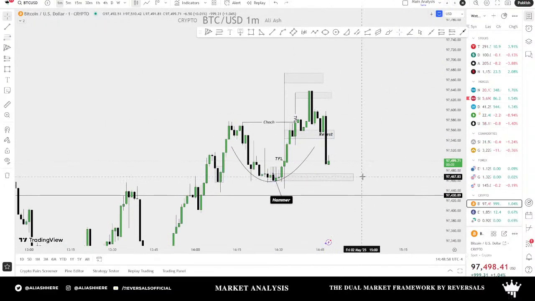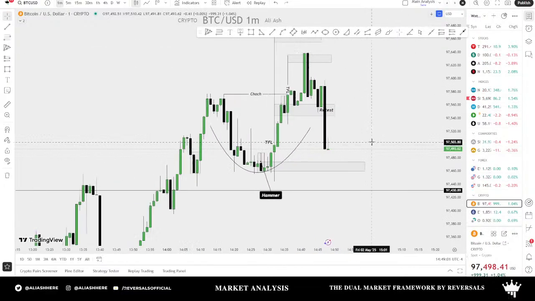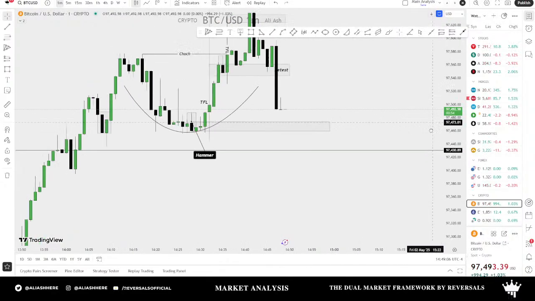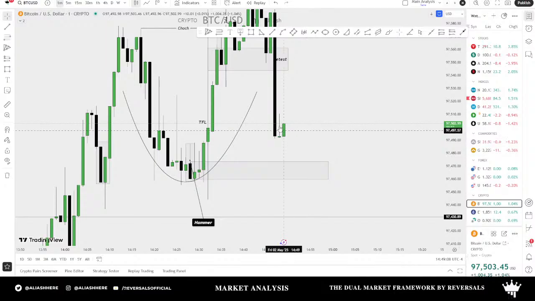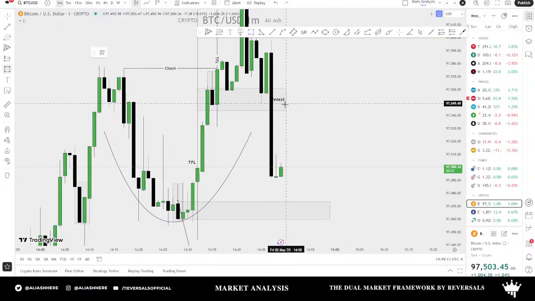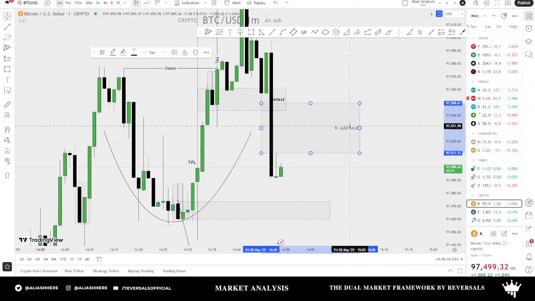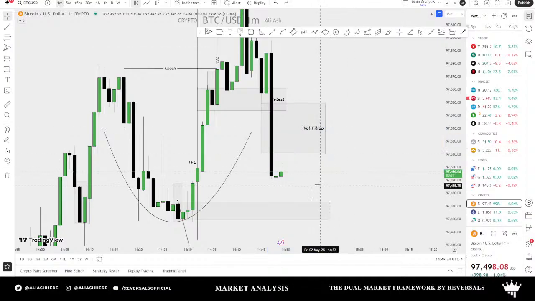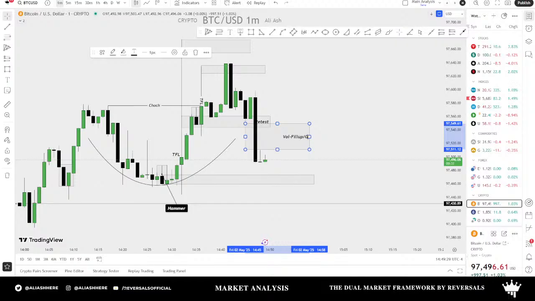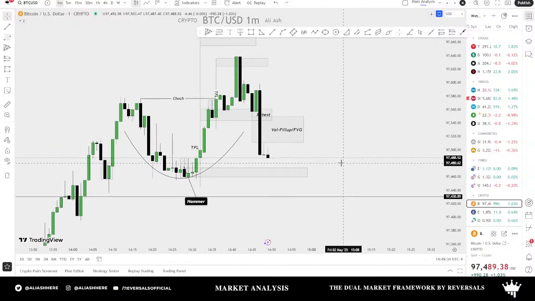This hammer failed, then made this one a support. Let's see if this works out. We have the inverted hammer here, so this is very powerful, and we have the volume fill up here. You can say FVG. Nice.